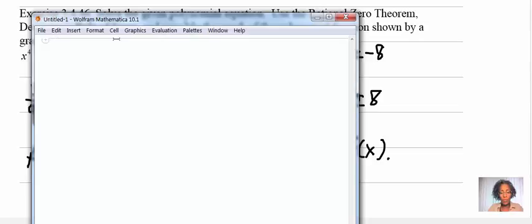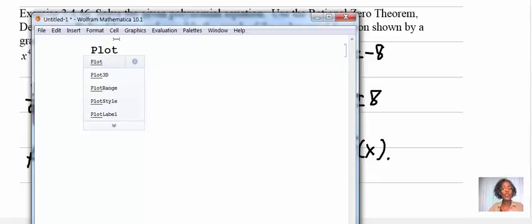A simple thing that you can use is the plot function. Now in this 10.1 version of Mathematica, once I click the name of one of the Mathematica functions, it simply shows up in a list.